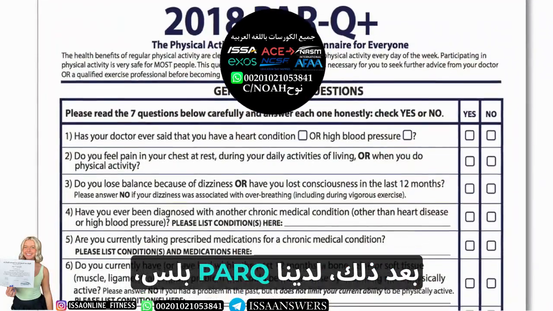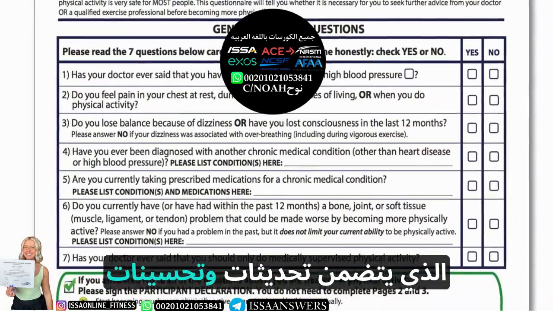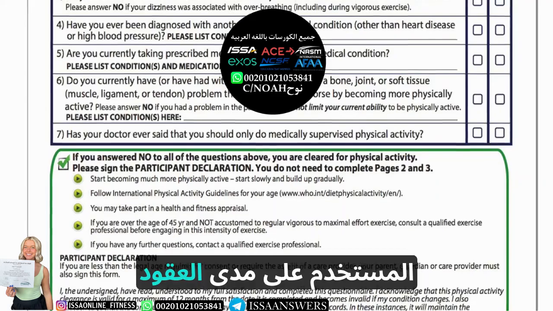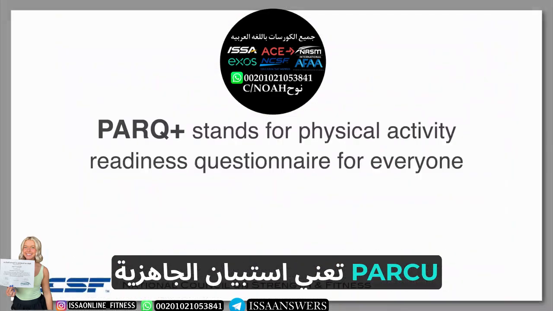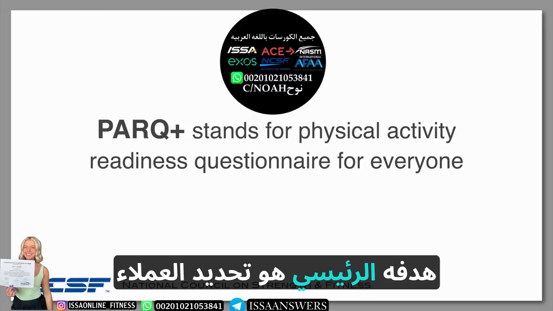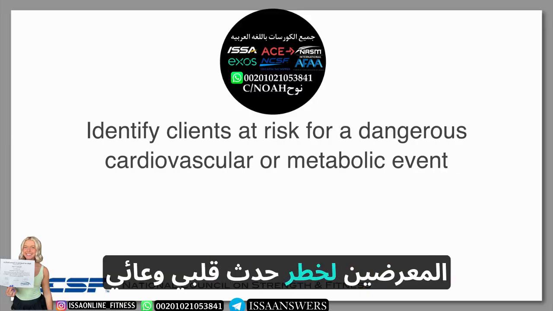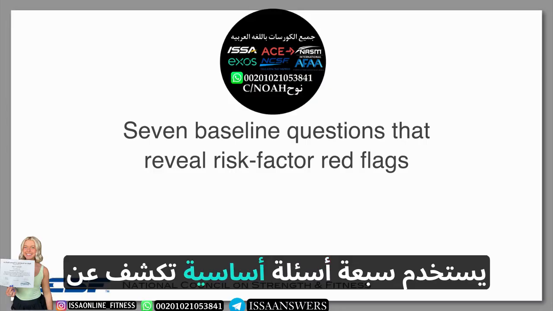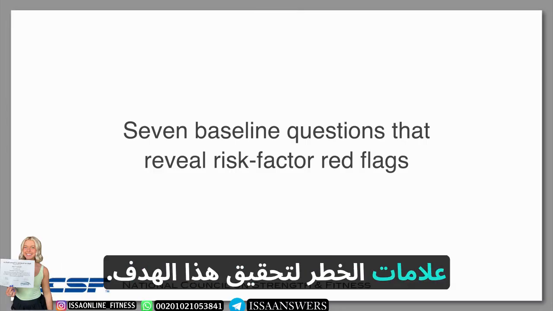Next, we have the PAR-Q+, which includes significant updates and improvements from the previous PAR-Q form used over the last few decades. PAR-Q+ stands for Physical Activity Readiness Questionnaire for Everyone. Its primary objective is to identify clients at risk for a dangerous cardiovascular or metabolic event. It uses 7 baseline questions that reveal risk factor red flags to serve this end.